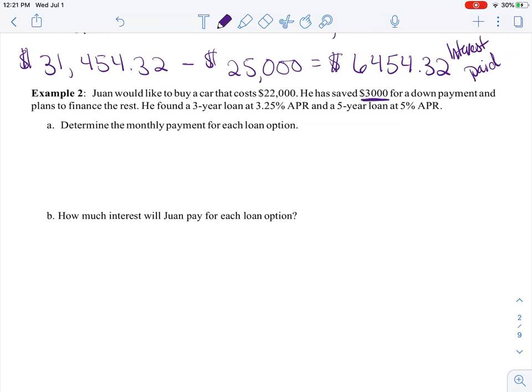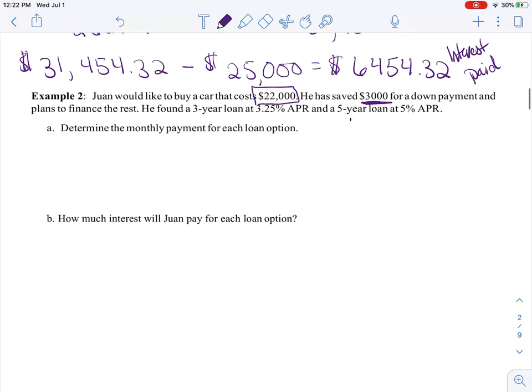Well, you have $3,000 already in your pocket, so you don't need to take out the full $22,000. So realize that your loan is really $22,000 minus the $3,000. So you're taking out a loan for $19,000.